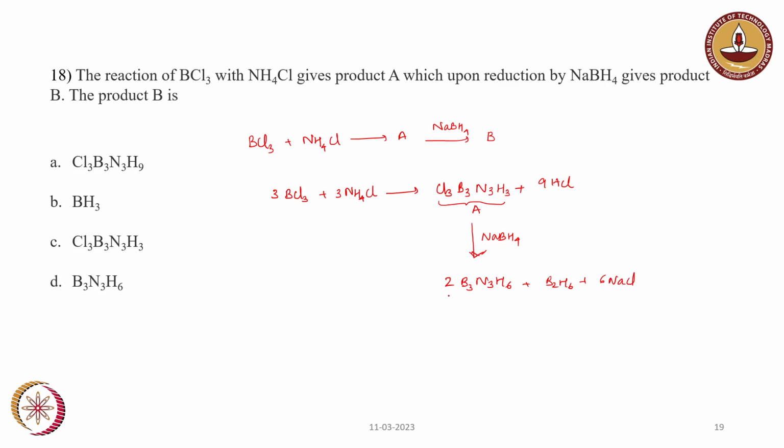So this is product B. We are asked to find what is product B, so option D, borazine, is the answer.